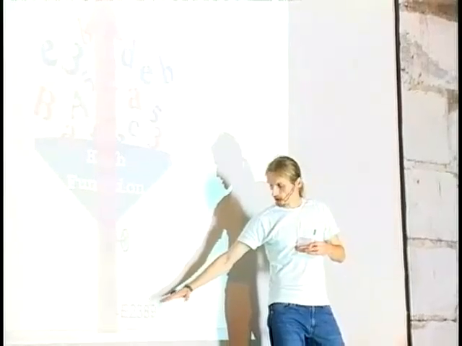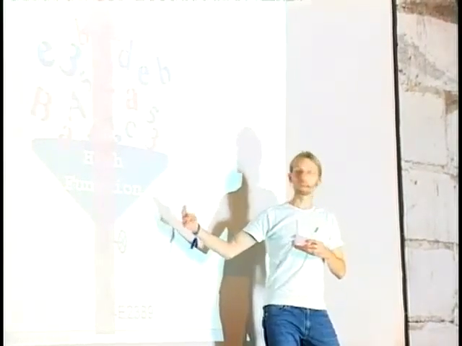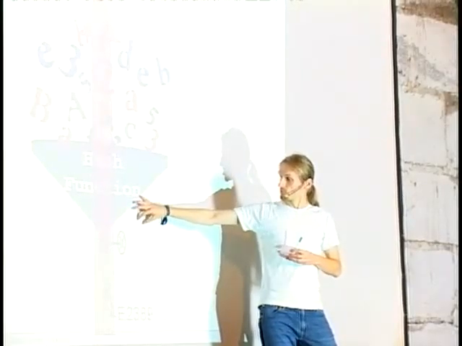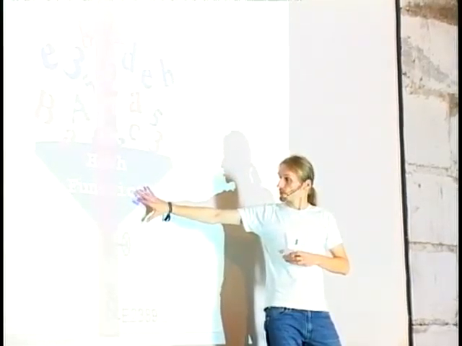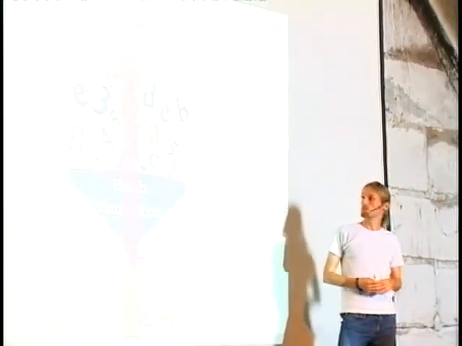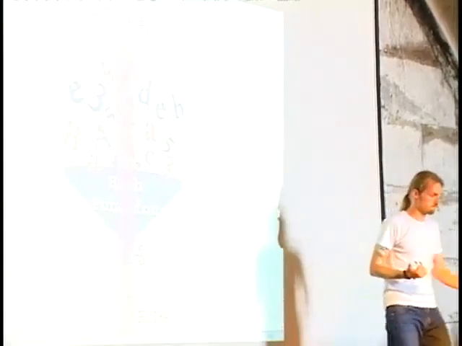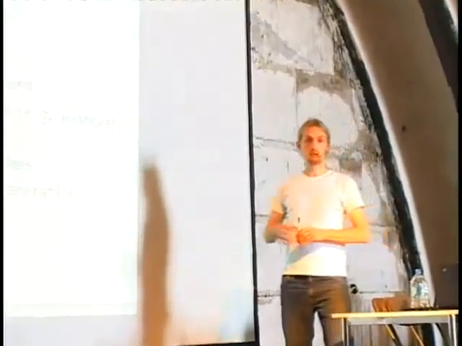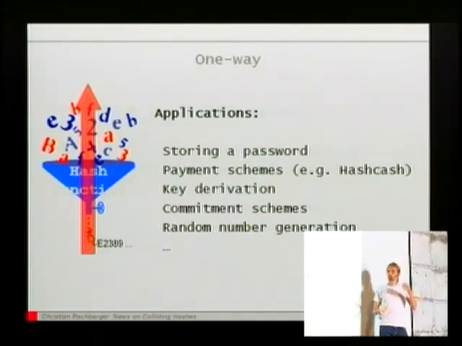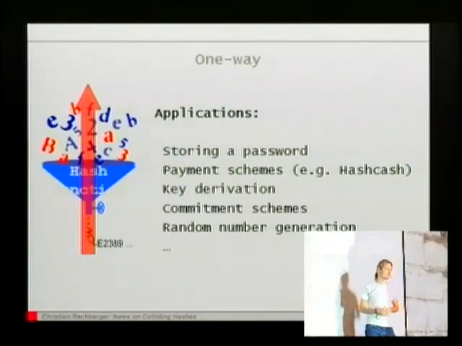Given a hash value, it should be computationally infeasible to find an input such that fed into the hash function results in this given output. Many applications rely on this difficulty. For example, if a hash function is used to store a password, you don't want to have an algorithm which allows to somehow reconstruct the password given the hash of it.